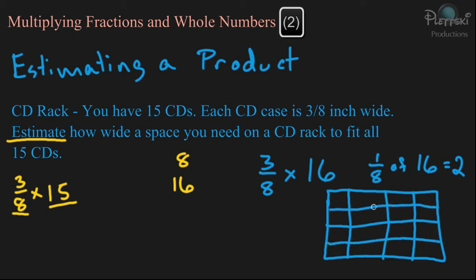And there should be 16. 1, 2, 3, 4, 5, 6, 7, 8, 9, 10, 11, 12, 13, 14, 15, 16. Okay, you have 16 pieces here. And you want 1/8 of them.